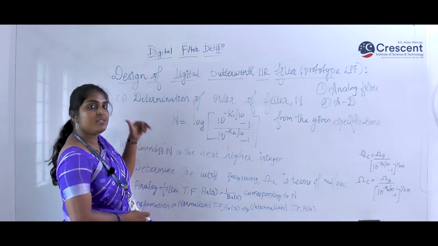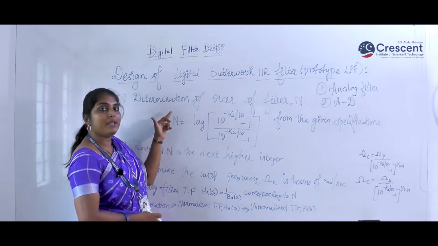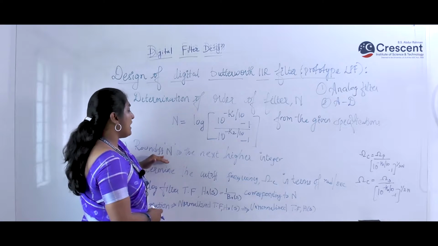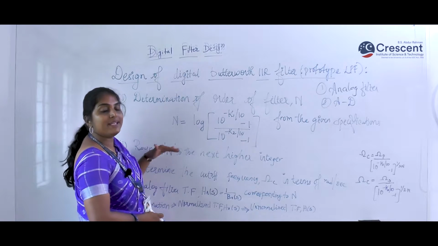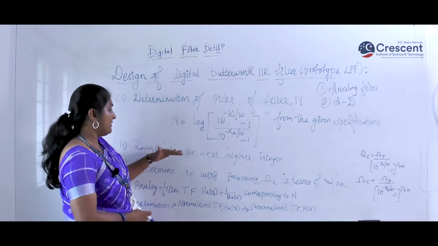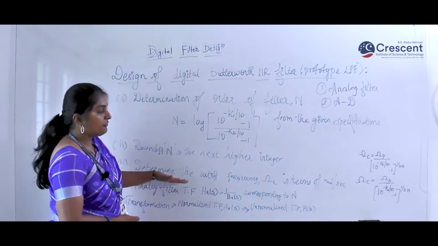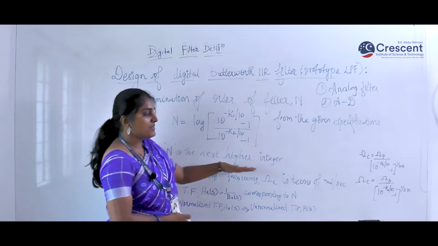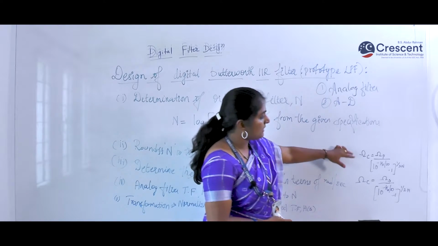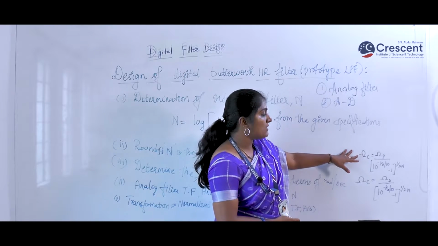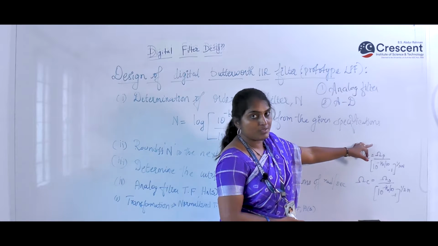As we increase the order of the filter, the response approaches the ideal frequency response, and for that reason we round off to the next higher integer. The third step is to determine the cutoff frequency in radians per second, and these are the mathematical relationships of the cutoff frequency with the passband frequency.